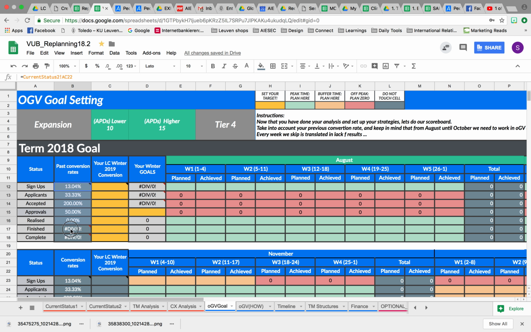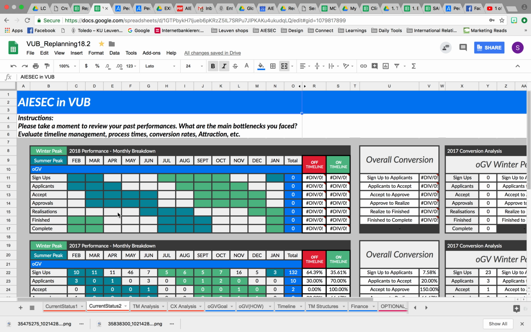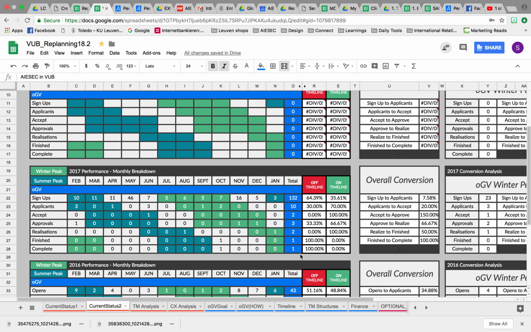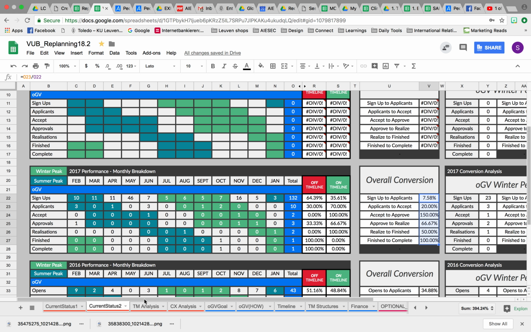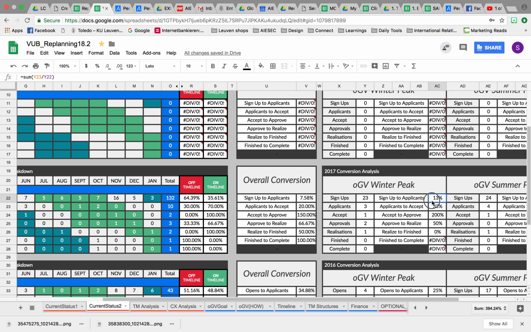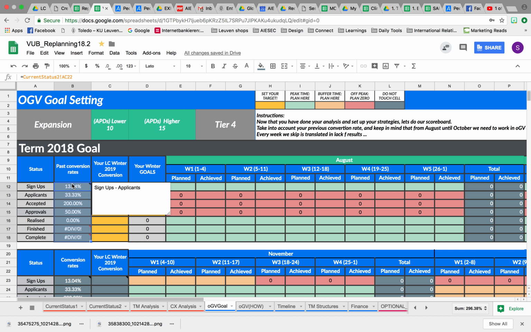So you can see here in this column what was your past conversion rate in this period, and you can see those conversions here exactly because you have actually filled in this analysis here, and the conversion has been calculated here. So then you can see that for winter peak here, the same percentages are coming back here.